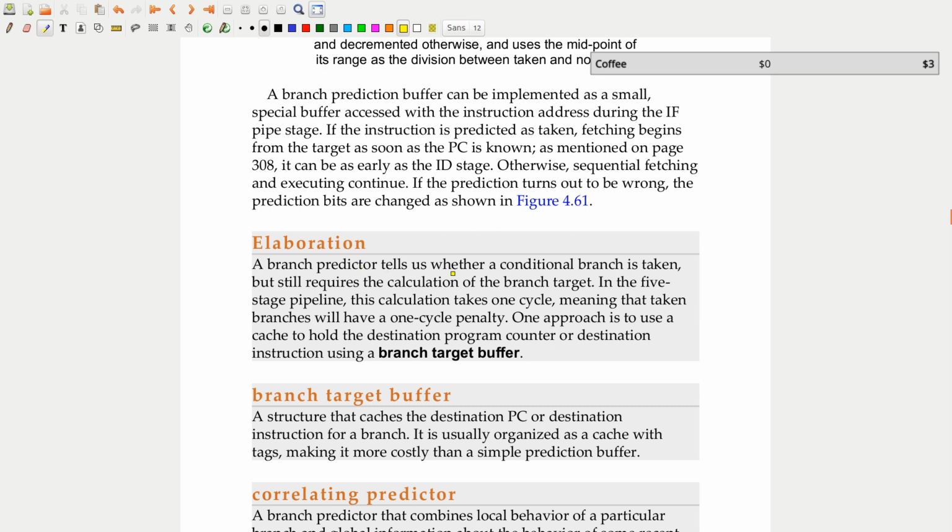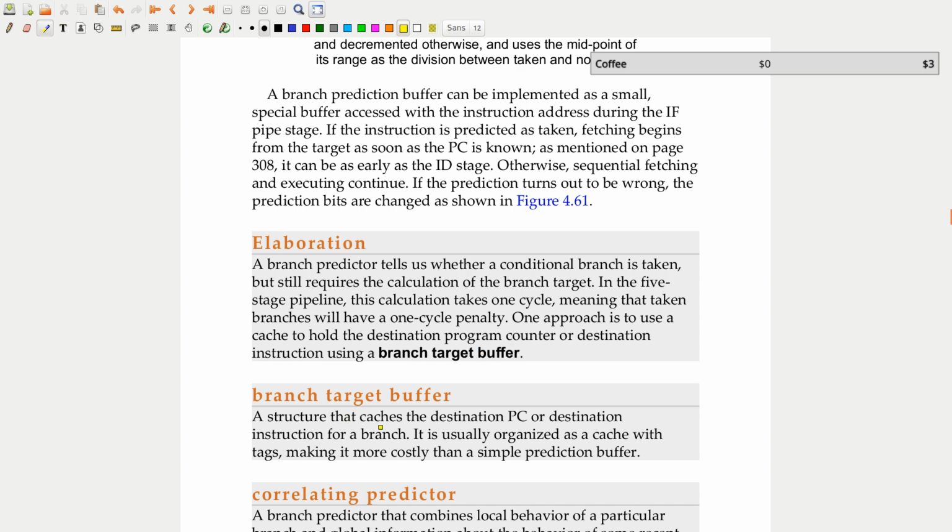So some elaboration. A branch predictor tells us whether a conditional branch is taken, but still requires the calculation of the branch target. In the 5-stage pipeline, this calculation takes 1 cycle, meaning the taken branch will have a 1-cycle penalty. One approach is to use a cache to hold the destination program counter or destination instruction using a branch target buffer.